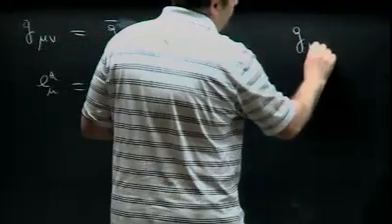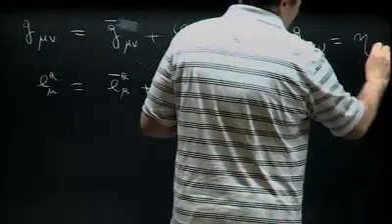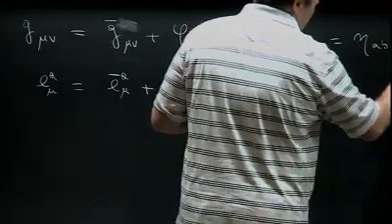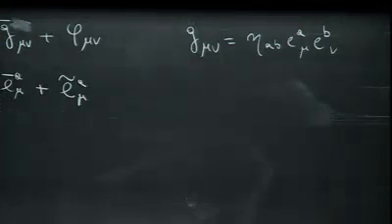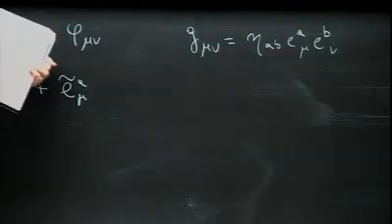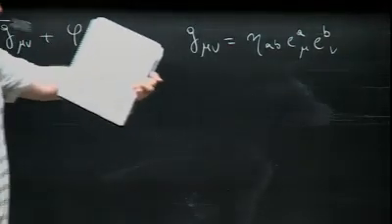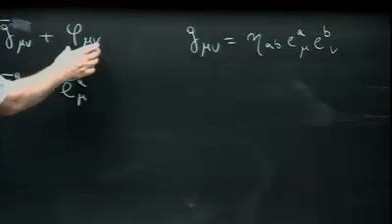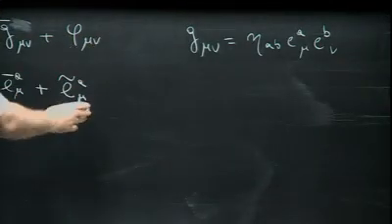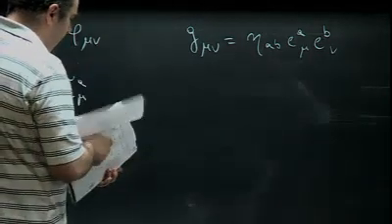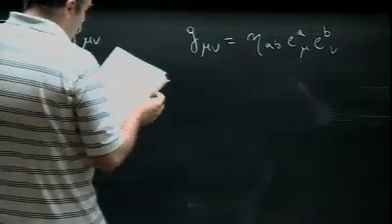Now you just use the fact that the metric is η_AB e^A_μ e^B_ν. That's an exact relation. You plug this perturbative decomposition into that, and you find the relation between the linearized graviton and the linearized Vielbein, right? So that's standard. Let me not do the calculation.